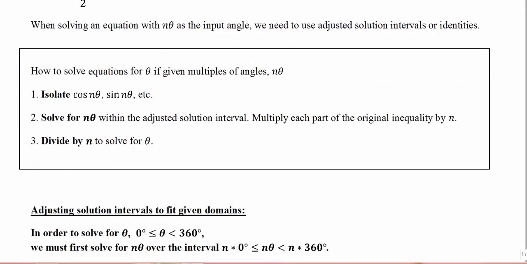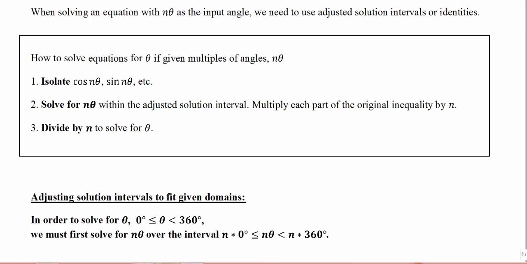What we're going to do when we solve for multiple angles is adjust solution intervals or use identities. So the steps that we're going to use to solve using adjusted solution intervals: the first thing we're going to do is something similar to what we did in the last section, 6.2.